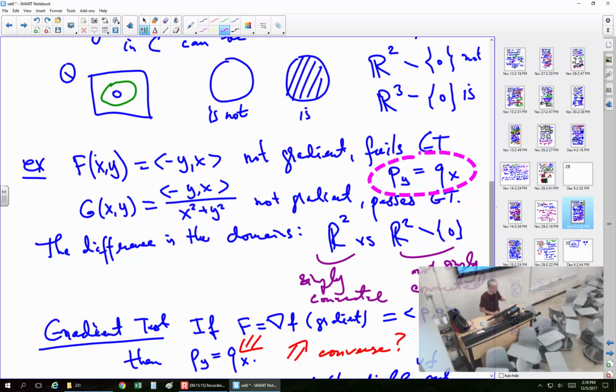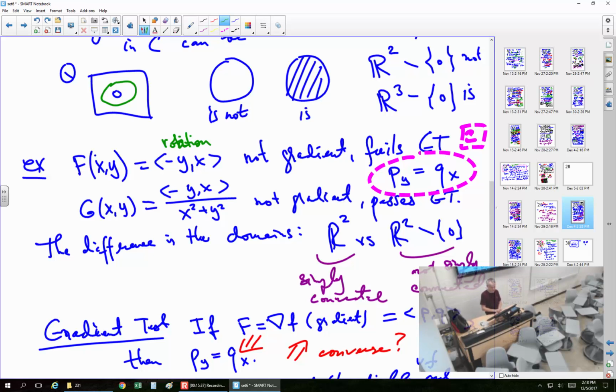All of today's discussion has been so far about all dimensions, and this one is dimension 2. So in dimension 2 we have this condition that, if violated, also tells us that the vector field is not a gradient. The example is once again the rotation vector field.